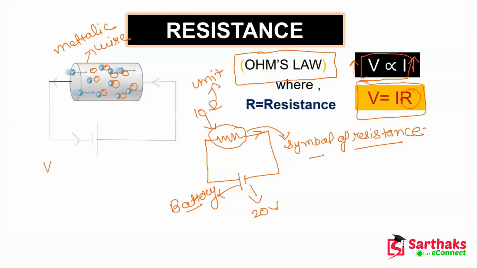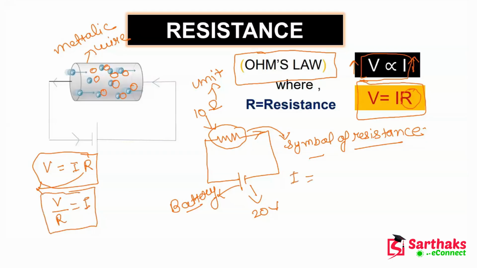By this formula we know that potential difference is equal to current multiplied by resistance. So if I move R across, it goes to the denominator, and the value of current will be V upon R. So here the current I is equal to 20 upon 10, so it means 2 ampere. Ampere is the unit of current.